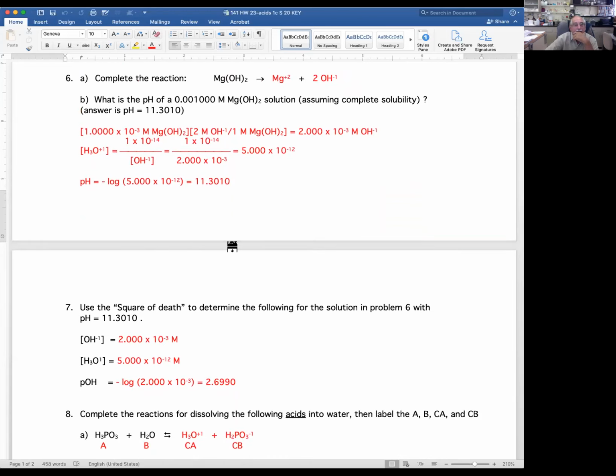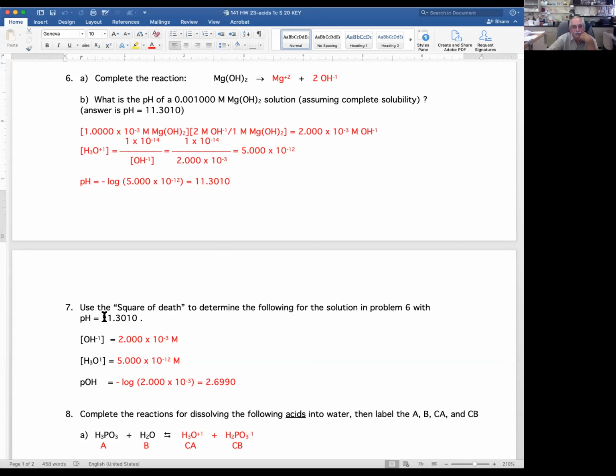So here we got, in this problem compared to this problem, we calculated, where are we? Hydronium ion concentration, right? We calculated the hydroxide ion concentration. And what about the pOH? What do I need?